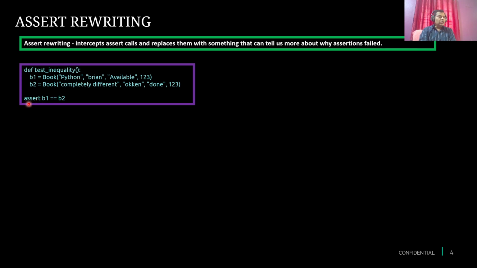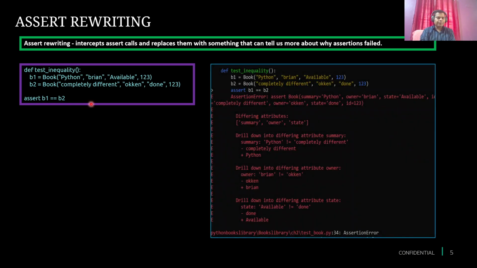So while doing the assert, it is going to fail. In any other programming language it would have been assert not true, something like that. But with Pytest, we don't have to worry about that. We just assert and write our own expression. Assert rewriting happens behind the scenes and takes care of converting and giving us proper messages.